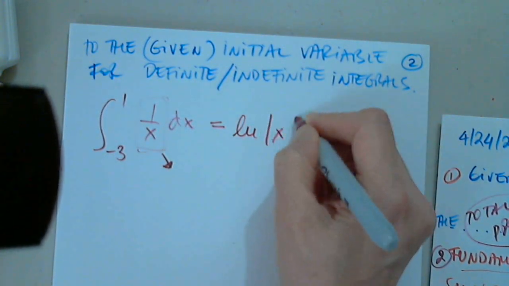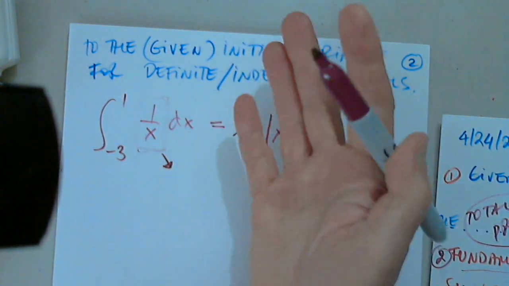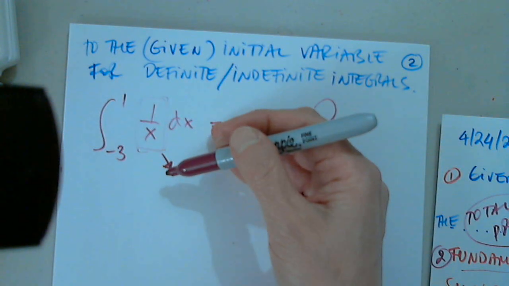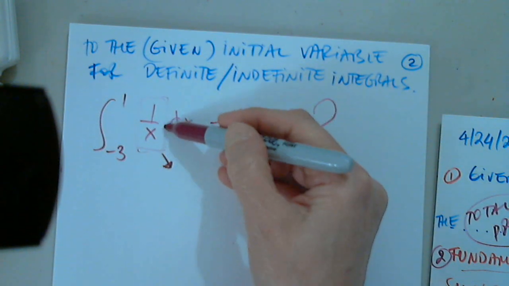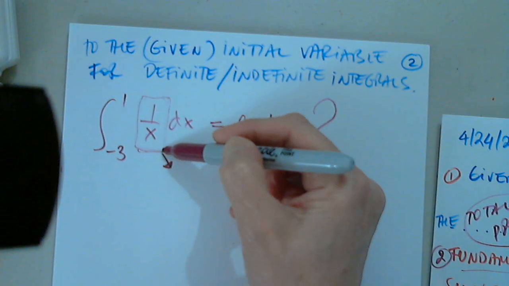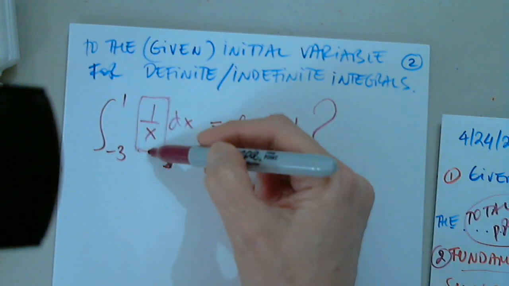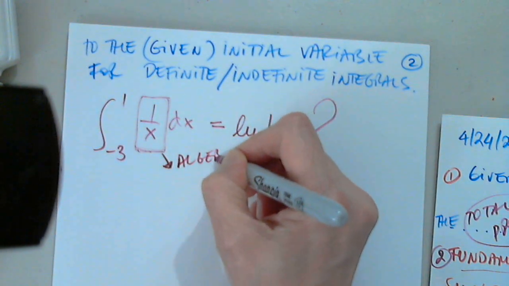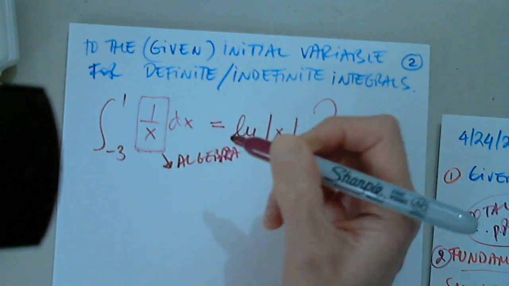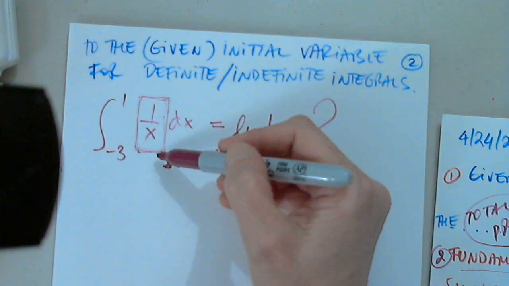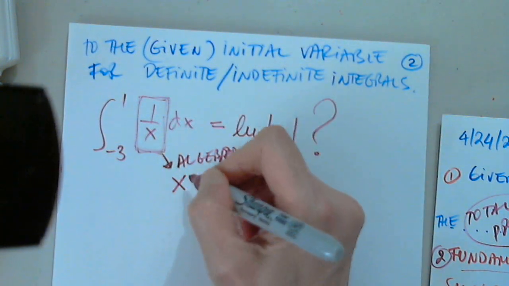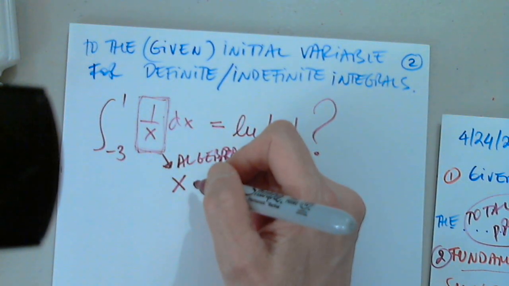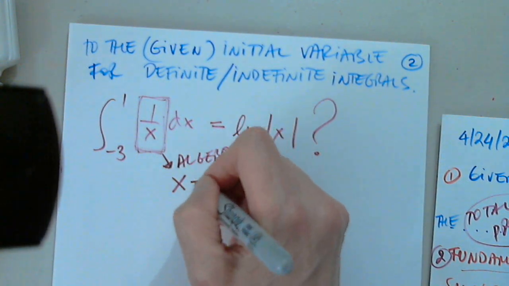Well, this is the ln of x, but what is the problem? Before we write any of this, what is the problem here? This is not from calculus. This is from algebra. What is the problem here with this function? X is the denominator. Yes, that's fine. But what is the problem? It can't equal 0. Exactly.